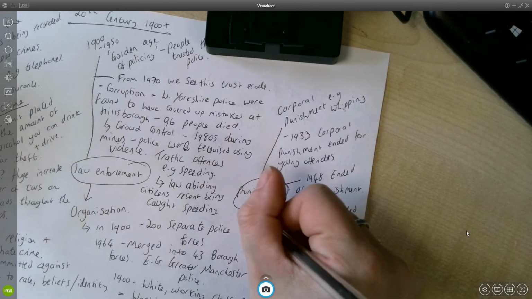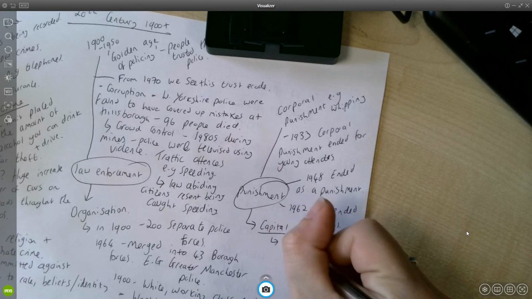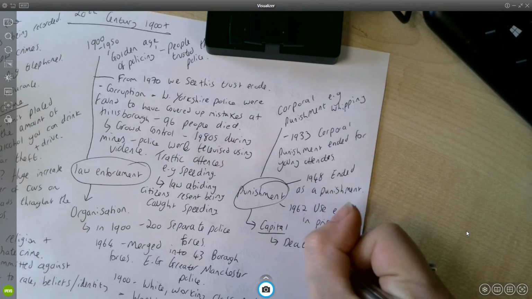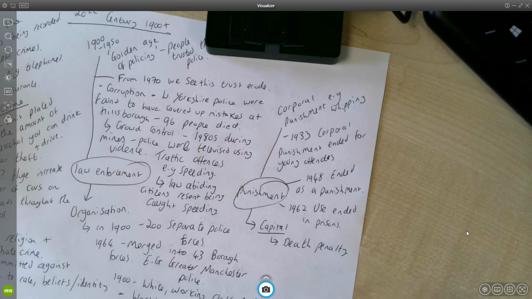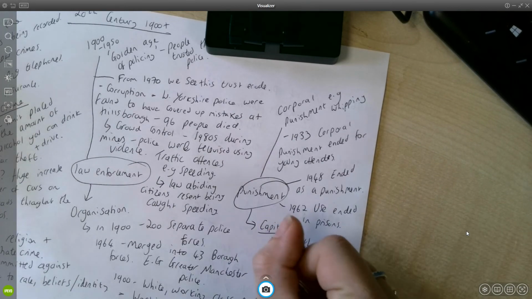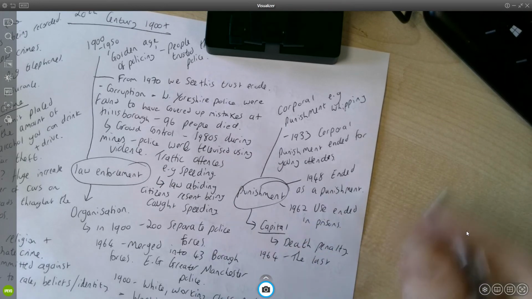There's also huge changes to capital punishment, so the death penalty. Again, this has been used throughout all of our time periods. In 1964, the last death sentence was carried out in Britain.